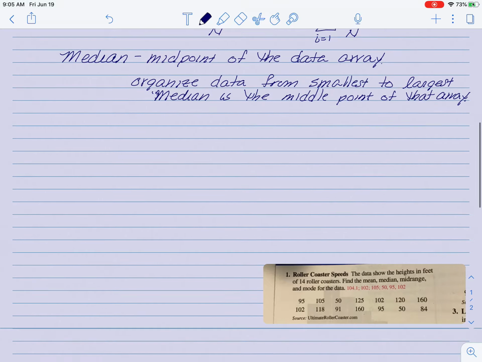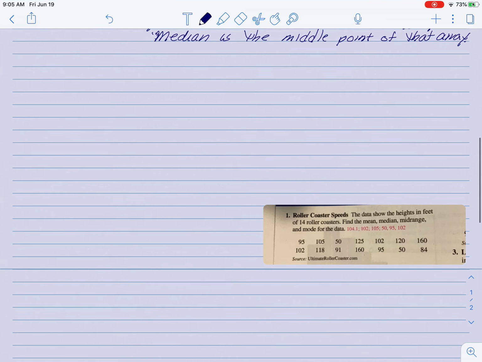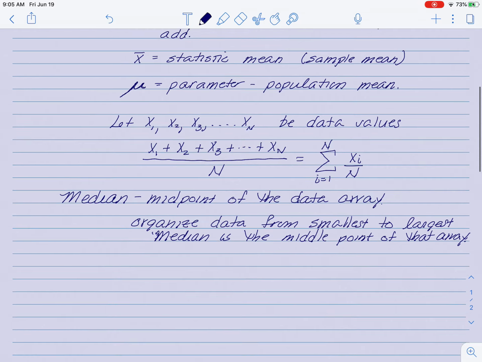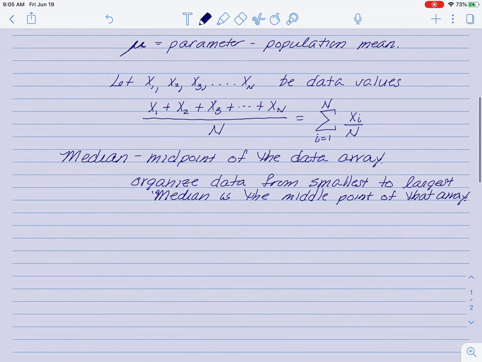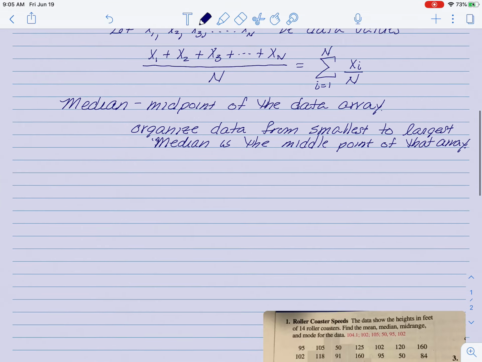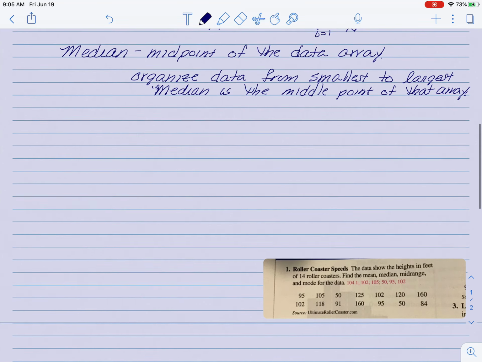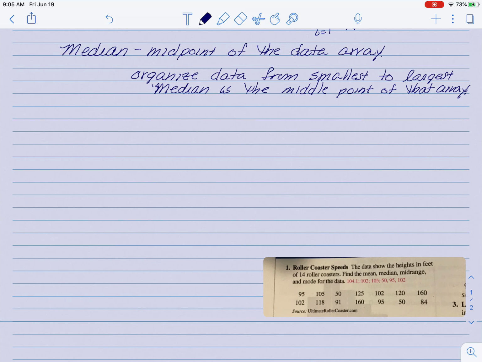Okay. So that's median. And again, we're going to do an example with each one of these things. And there's no statistical symbol for median. It's just median.